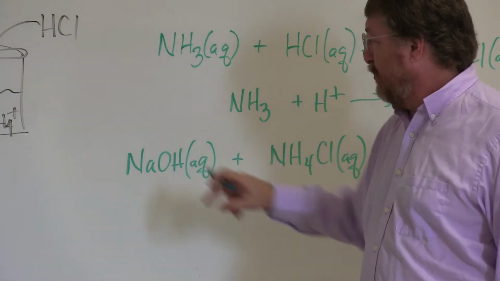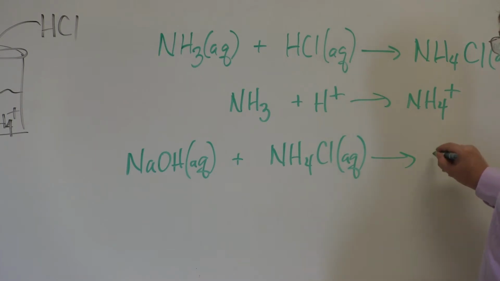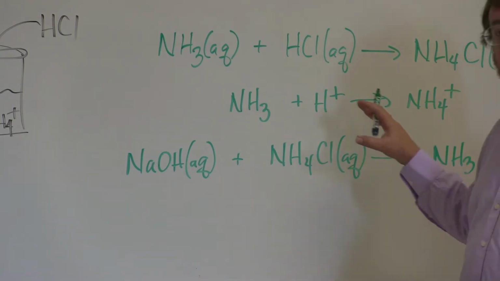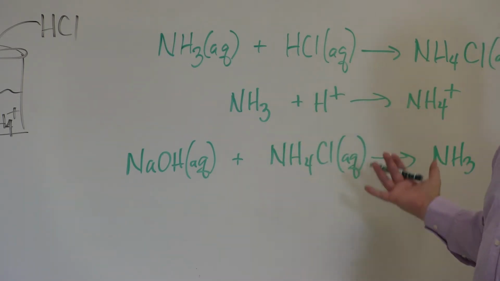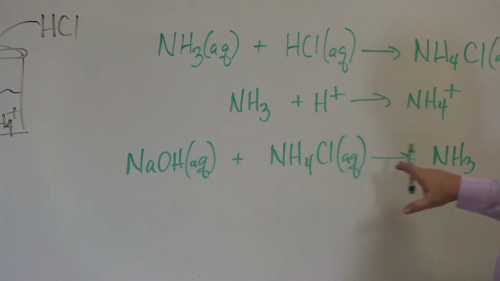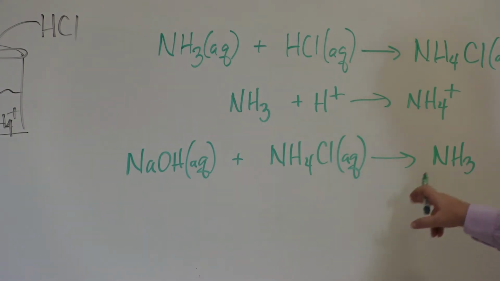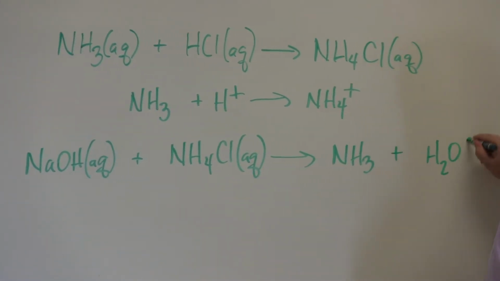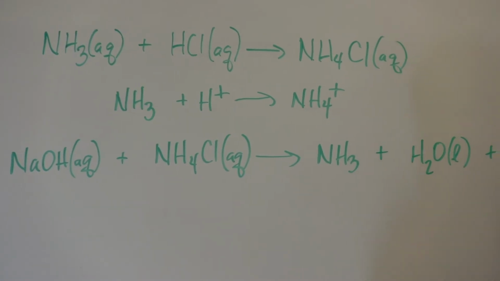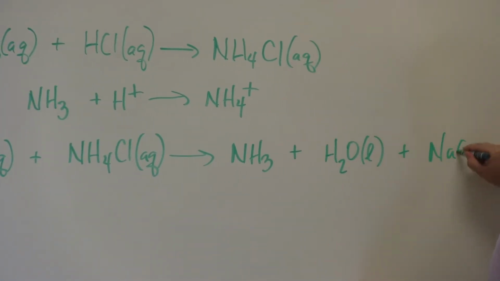The ammonium ion is going to switch with the sodium ion, and so I'm going to get ammonia. You're always going to make the conjugate of whatever we're using in the buffer. So the buffering components are always on opposite sides of the arrow. So I'm making ammonia. I'm also going to make water, and I'm going to make sodium chloride.